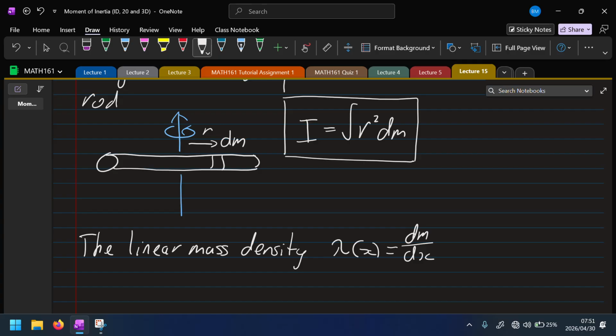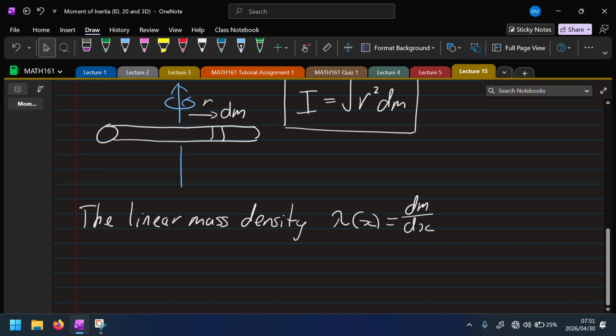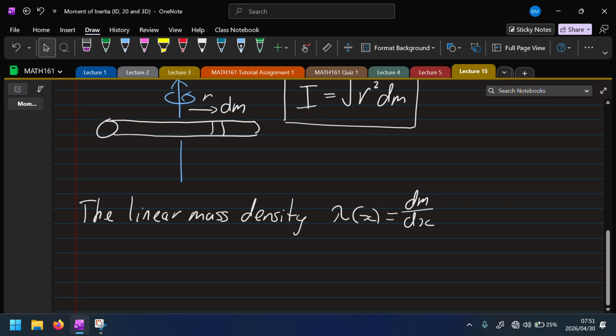So one side could have a high density, one side could have a low density. That's given by this lambda over here. We can do a little bit of rearranging. We can take the dx over to the other side, and we get dm is going to be lambda dx. So we have the linear mass density times the length. That gives us the mass back.